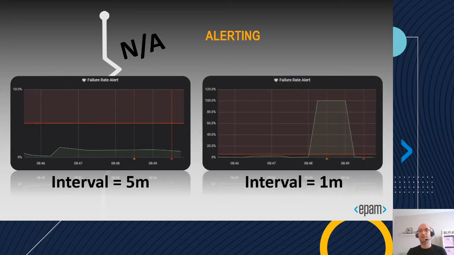What you can see on the right is the same time period again with an interval of 1 minute. In this situation, the database just dropped out, and because of this the service's response rate also increased. And because of the differences between these faster responses versus the slower response rate, this kind of failure rate was not showing these spikes with longer intervals.